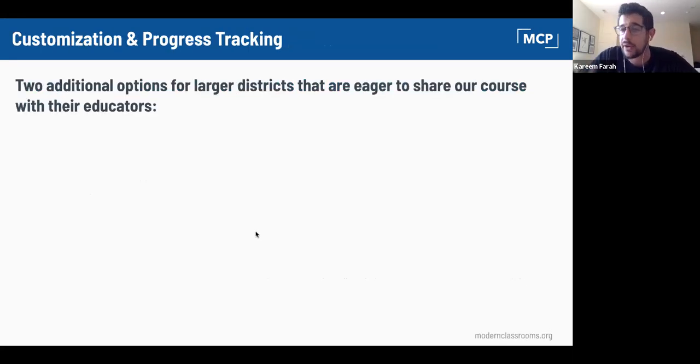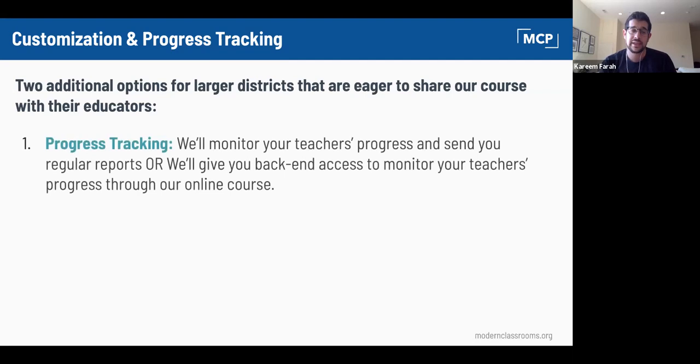I want to talk a little bit about some customization and progress tracking elements that we can provide. Now, we can provide these, but in a limited way. It depends on the size of the district and the community. The first option is a simple one. We can create affiliate links. So instead of folks just going to our free course by going to learn.modernclassrooms.org, we can give you a unique link.